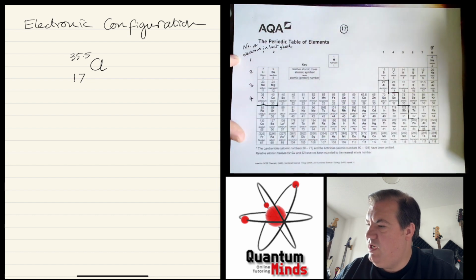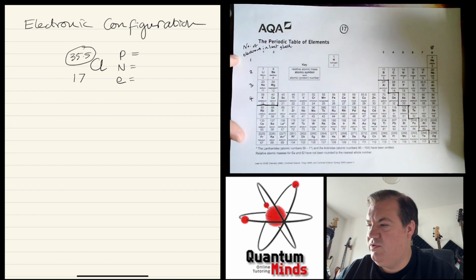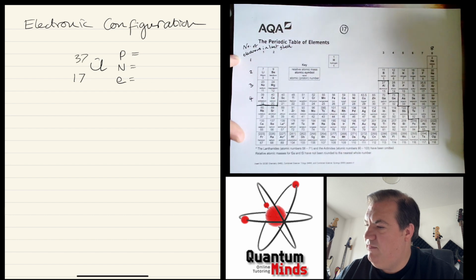Now, it's always a good idea to do your P, N and E numbers just as practice: protons, neutrons and electrons. This number obviously causes a bit of a problem, because there's 2 isotopes of chlorine. There's a 37 and a 35. So I'm just going to rub that out and we'll deal with the 37. It's probably not going to make a difference, is it?